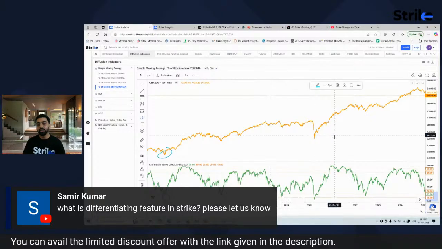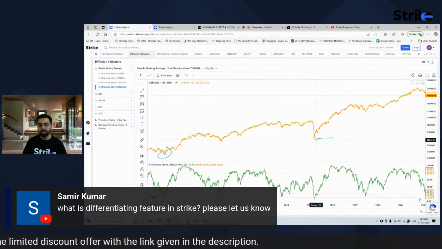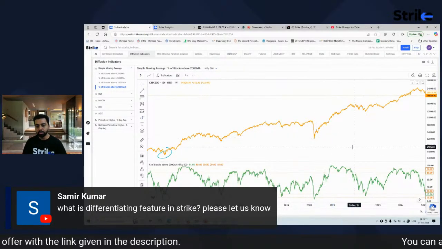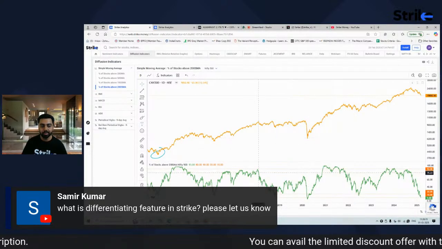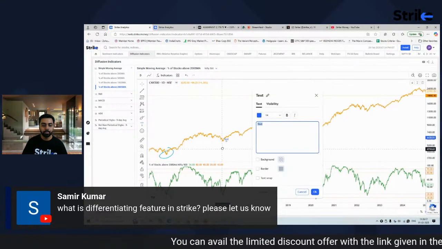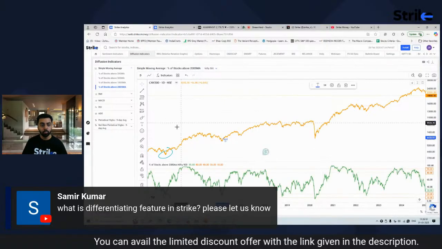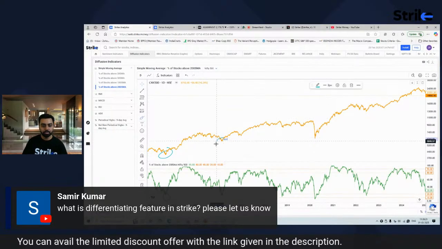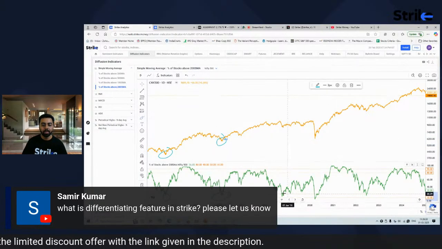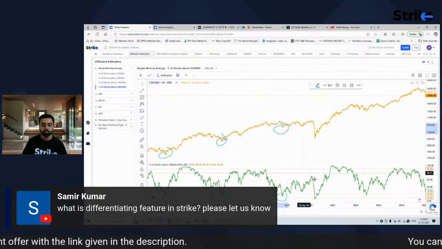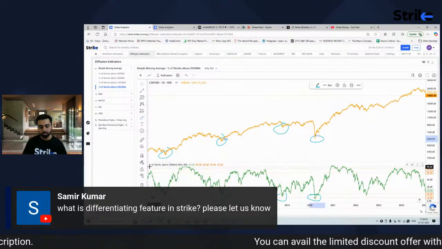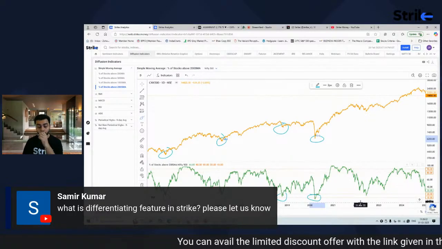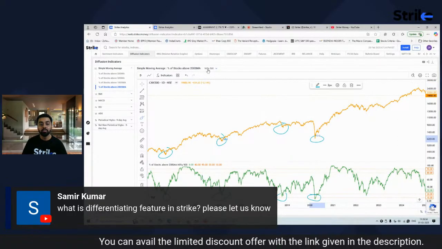Right now, the sentiment is so bearish that you will think the world will end tomorrow. They are selling left, right, and center. But when you see the data more objectively, you will see that at panic bottoms this indicator comes down. This is the percentage of stocks above the 200 SMA for the Nifty 500 components.